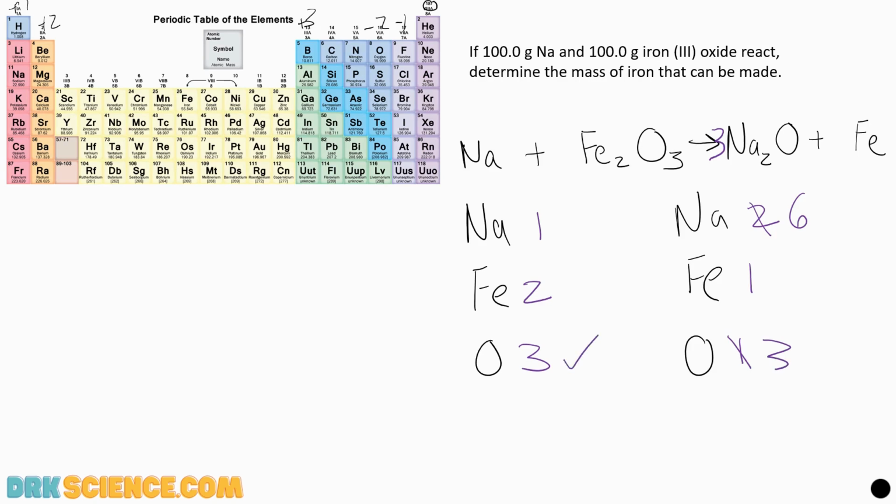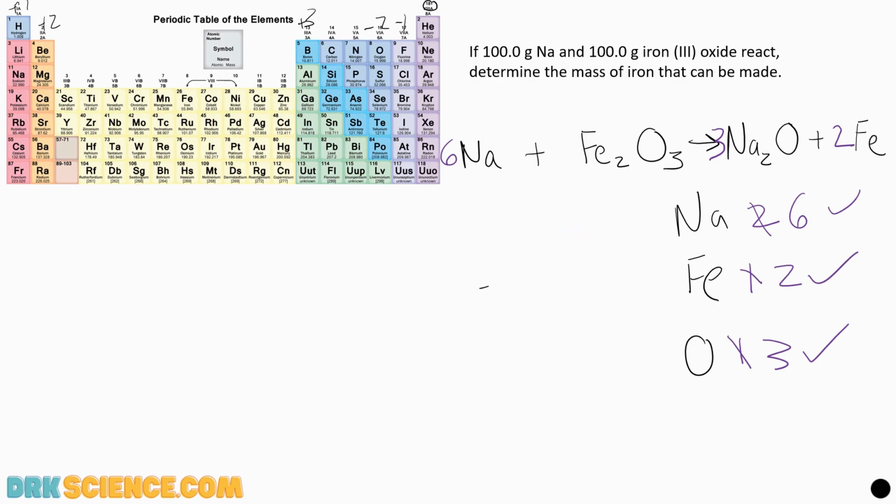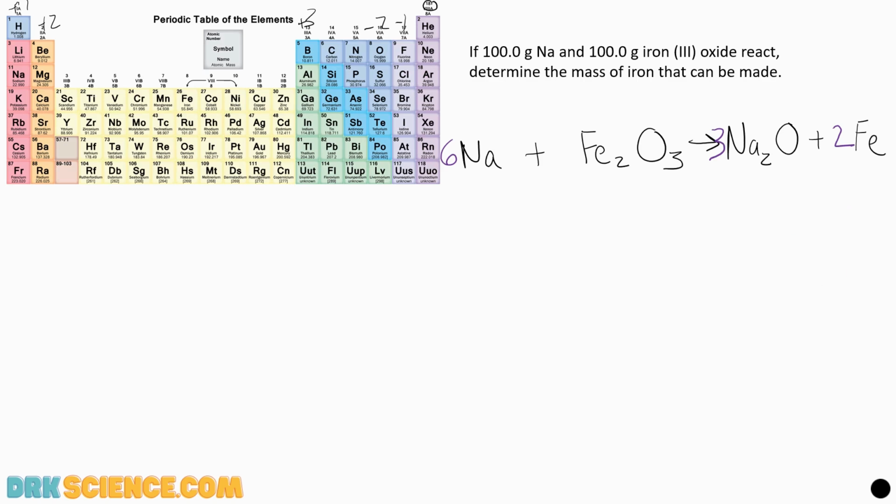This balances our oxygens. And then we can balance our sodium, so we can put a 6 here. And then balance our iron by putting a 2 here. This balances everything. Our balanced reaction will be 6 Na plus Fe2O3 goes to 3 Na2O, our sodium oxide, plus 2 Fe.